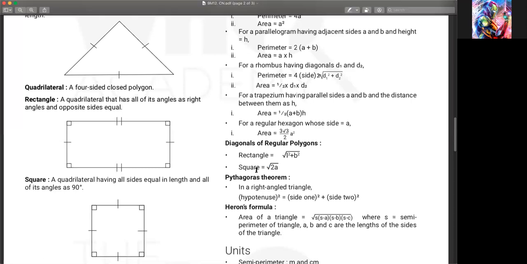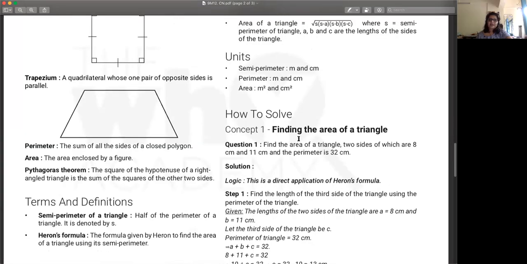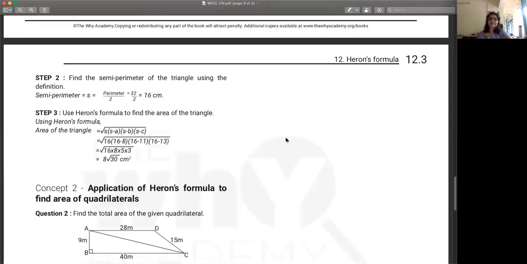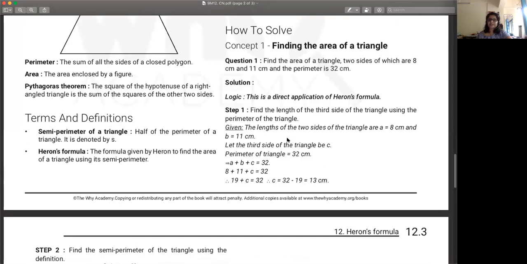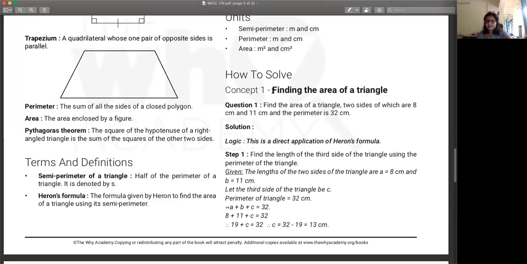Okay. So these are all the formulas. The kind of problems you're going to get in this chapter are direct: there's a triangle with different sides given, and you find the perimeter or the area. So you have the question here: find the area of a triangle, two sides of which are 8 centimeter and 11 centimeter, and the perimeter is 32 centimeters.